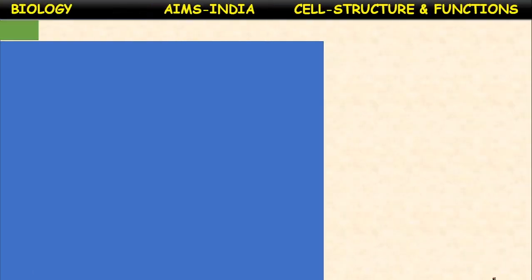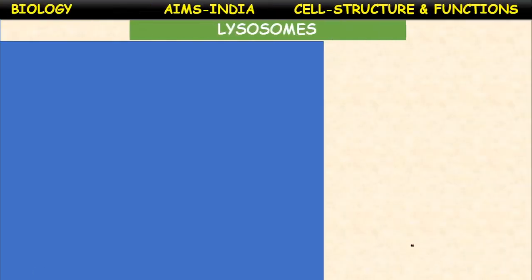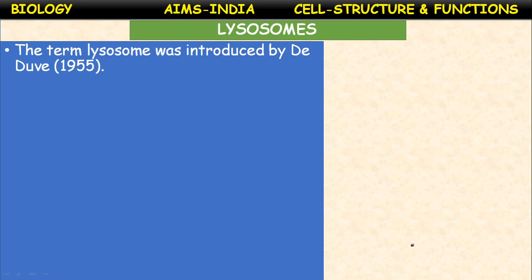Next organelle, lysosomes. Before the scientist de Duve in 1955, there was a puzzle: certain enzymes present in the cell had the ability to destroy almost all the structures in the cell.